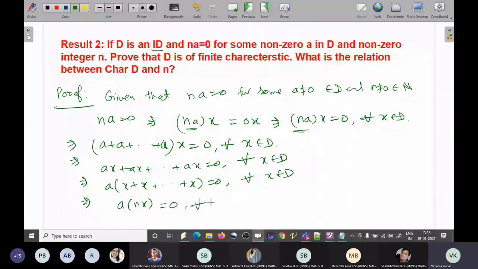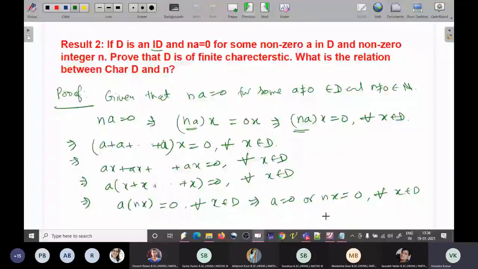And this is for all x belonging to the integral domain D. So this implies that either a equals 0 or n times x equals 0, and this is true for all x belonging to the integral domain D, fine. And this is happening because our D is an integral domain, fine, because D is an ID.